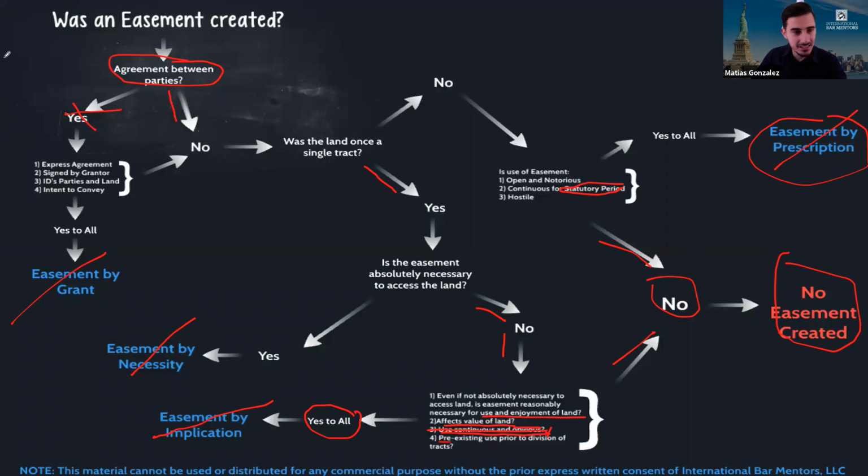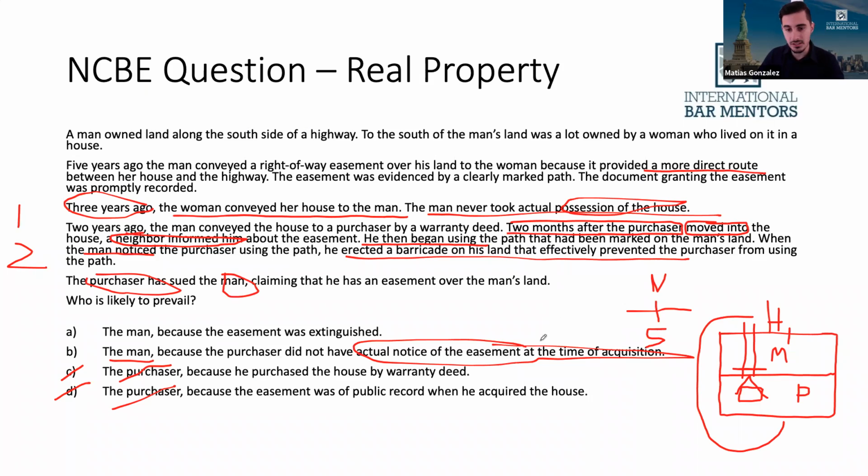Is there anything in here that talks about time of acquisition? No, there's nothing that says at time of acquisition. So anytime you see language in an answer choice that is not the same as what you've been studying within those rules, that's a good sign that the answer is wrong. We'll do another video later on teaching you how to work through MBE questions, but that's generally a good way to know that's a wrong answer. There's nothing about acquisition in any of the easement rules that we've gone over, okay? So this answer is wrong.